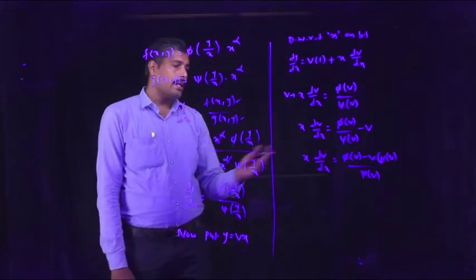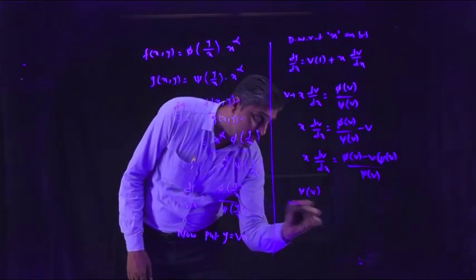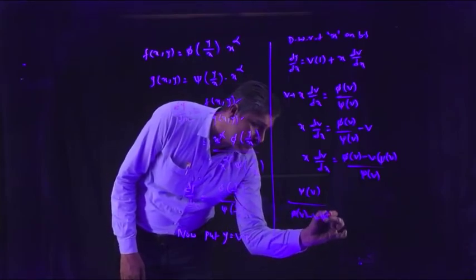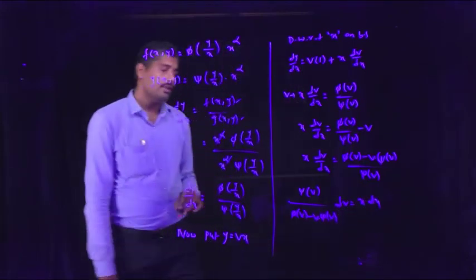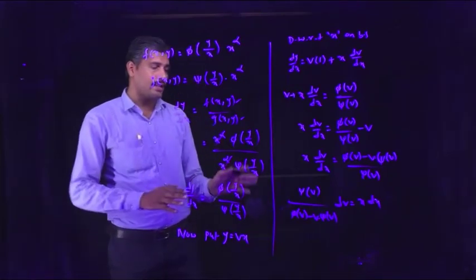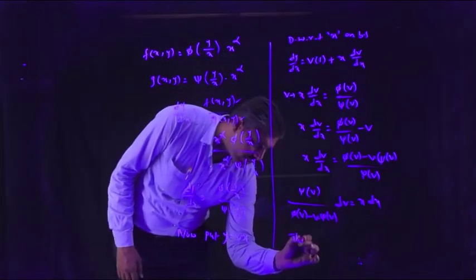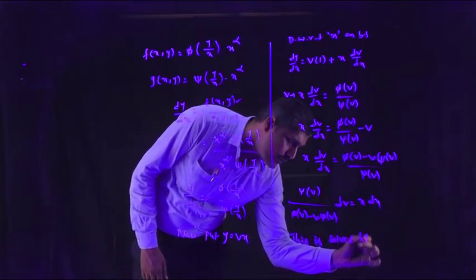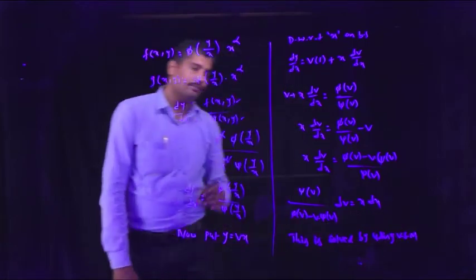Right, separating x terms and v terms, that is ψ(v)/(φ(v) - vψ(v)) dv = dx/x. Right, like that, separating the v terms and x terms. Then this is clearly solved by using the variable separable method.